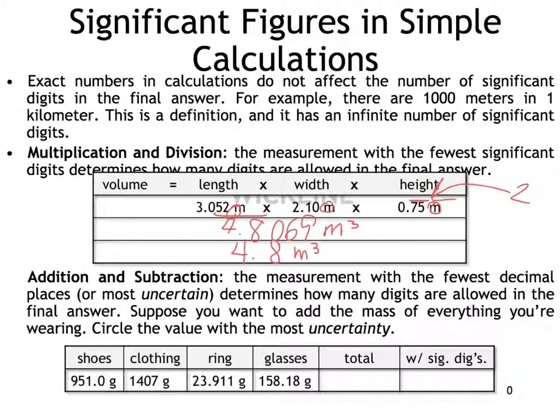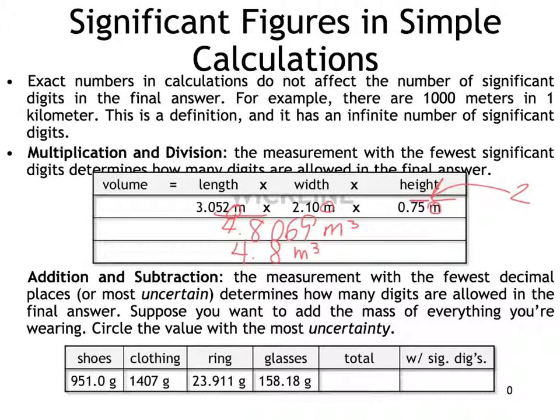But let's say that you have an addition or a subtraction. Then in that case, we're not really going to use significant figures or significant digits. Instead, we're really only going to look at decimal places. Whichever input has the fewest decimal places is going to be the one that limits your answer.